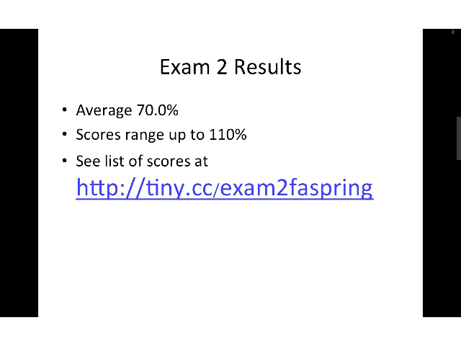If you would like to see the list of scores, this is the URL: tiny.cc/exam2FA spring. Financial Accounting Spring is where I came up with that. That is an Excel sheet, and it lists the exam scores. And you can see where your exam ranks within there.